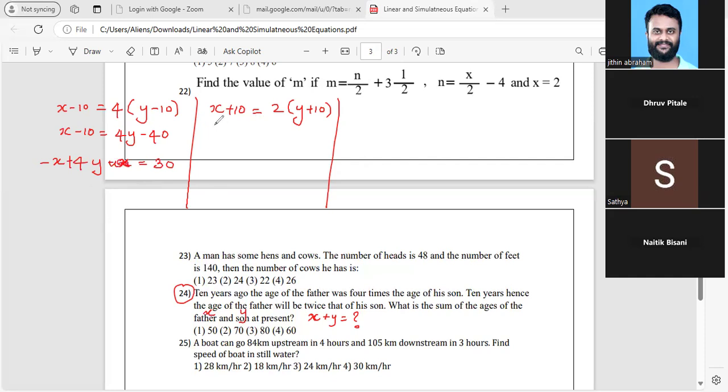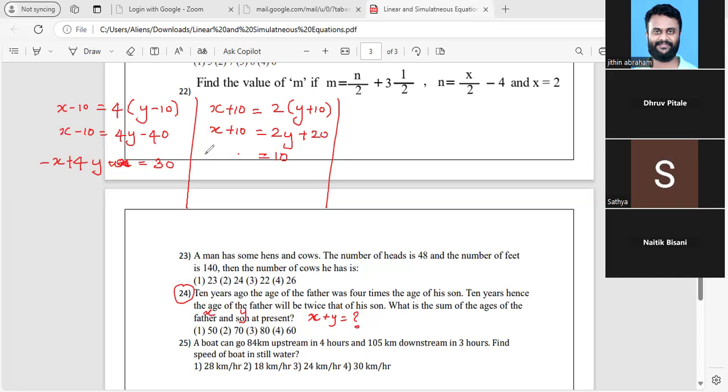Anyway, next is x plus 10 is equal to 2y plus 20. Again, I take 20 to the side. 20 minus 10 gives you 10 on the right hand side.